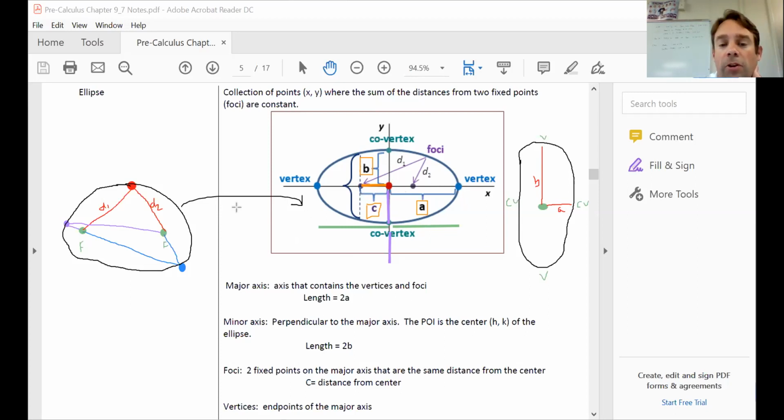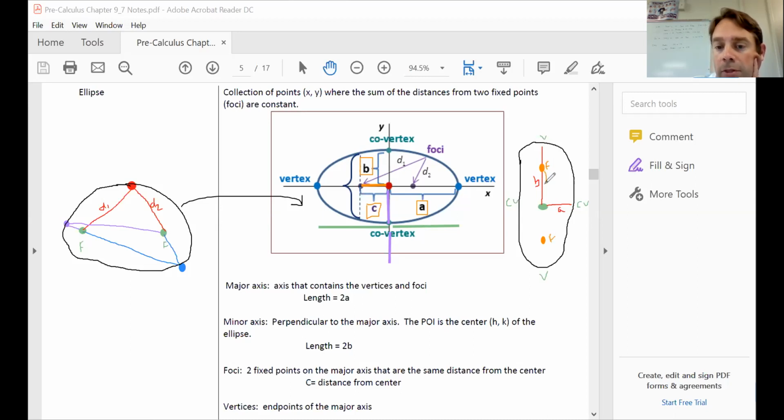Now, something you need to realize is that the focus is always on the longer diameter. So it's always on the same side as the vertices. So on my vertical ellipse, I would actually have found my focus going up and down, because it's always going to be on that length going out to the vertex.